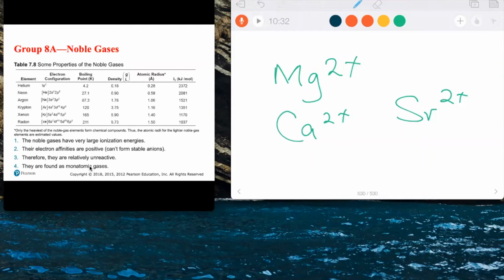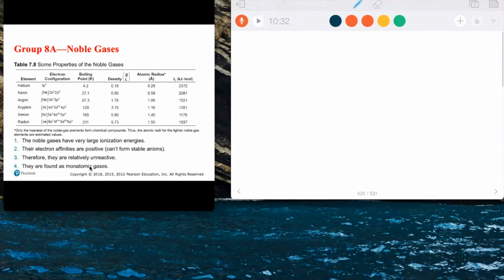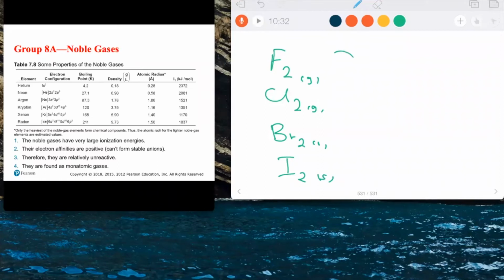As compared to, let's say group 7A, which are fluorine gas, chlorine gas, bromine, which is liquid at room temperature, and iodine, molecular iodine is solid at room temperature, we say that these are diatomic. But group 8, they exist as atoms.